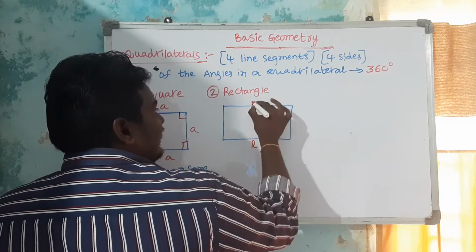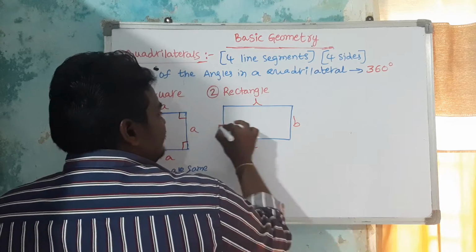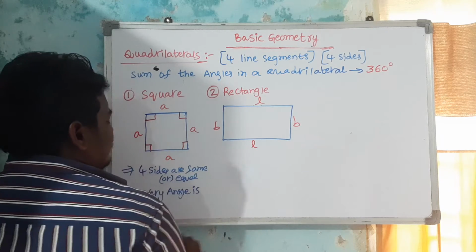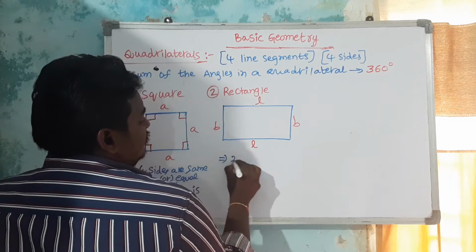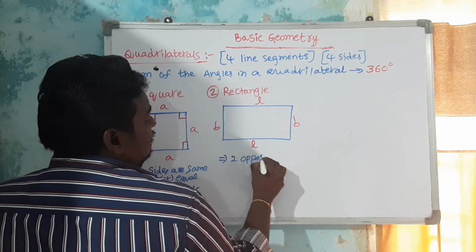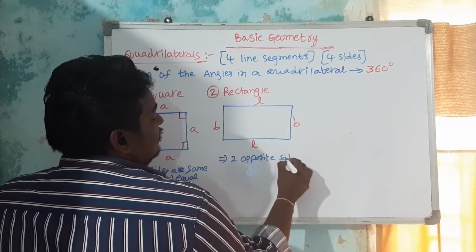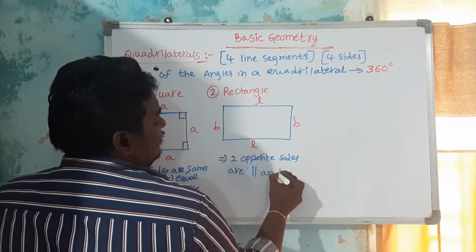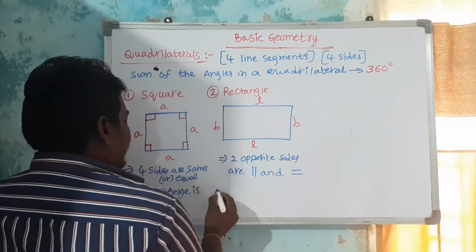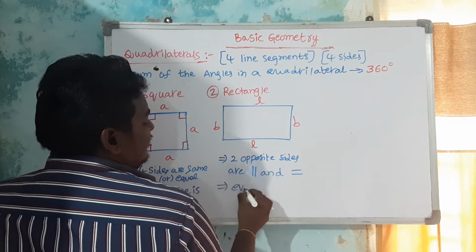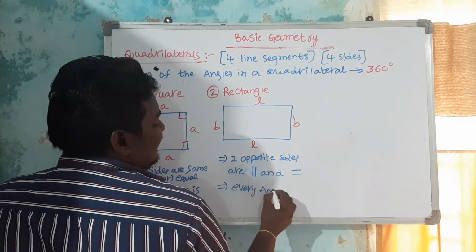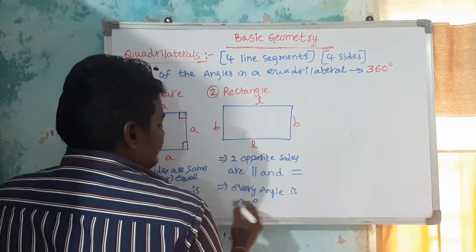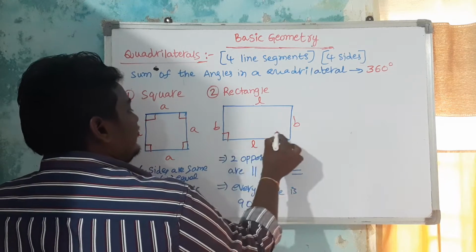I can say this is L, this is also L, this is B, this is also B. Two opposite sides are parallel and equal. Every angle here is also 90.